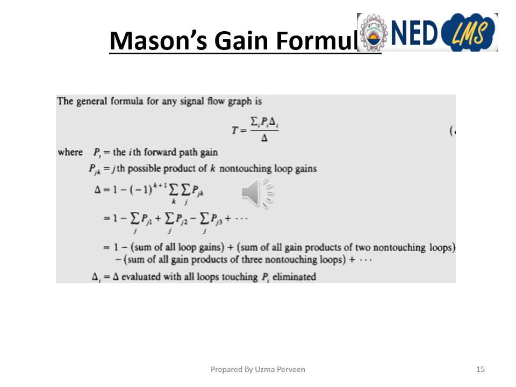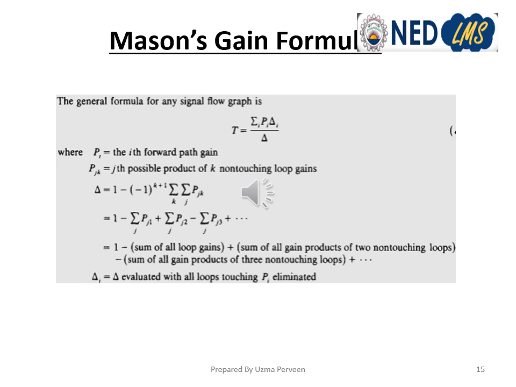Sometimes in different books, authors use capital M for the forward path, so the formula will be summation Mi del i upon del. It means the same. Whenever you are going to find the transfer function, first you count the number of forward paths in your signal flow graph.